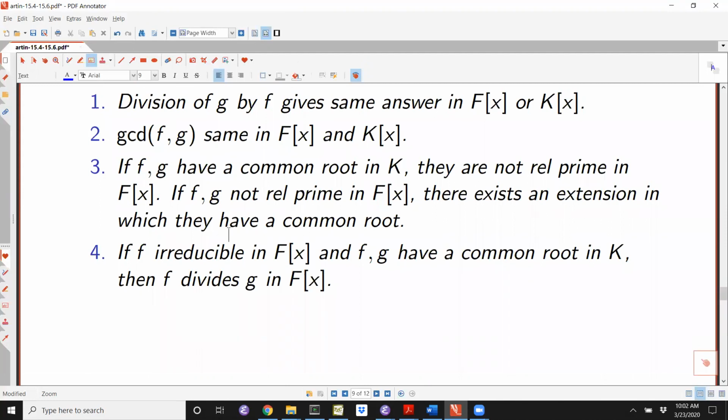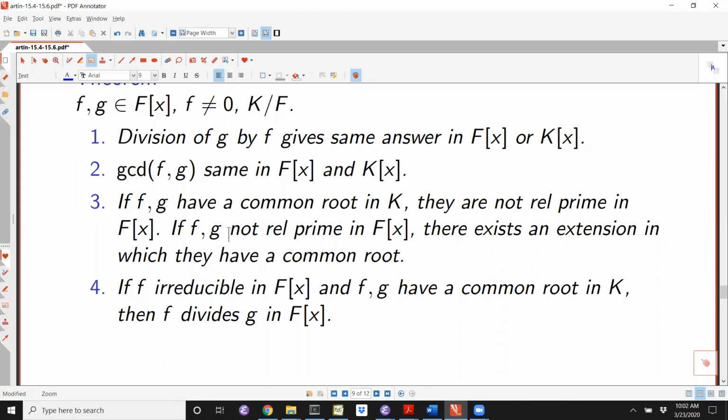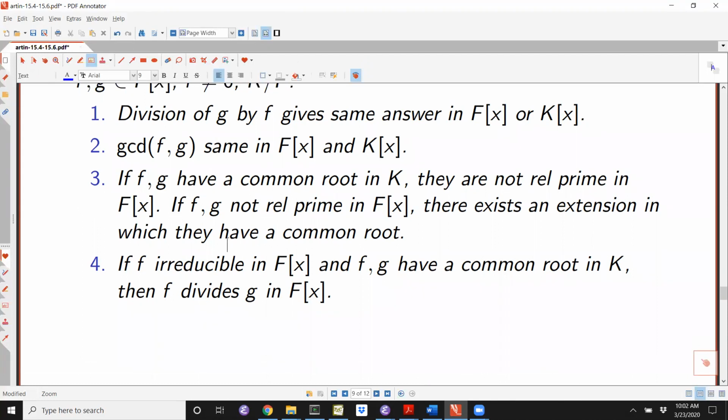Two, the GCD of those two polynomials is the same in both F of x and K of x. Three, if little f and little g have a common root in K, they cannot be relatively prime in F of x.